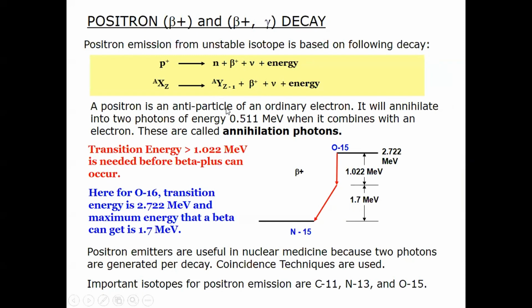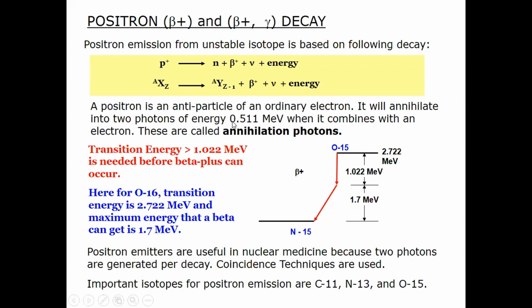The positron is an antiparticle of the ordinary electron, and it annihilates, or gets destroyed, or gets converted into 2 photons of energy 0.511 million electron volts when it combines with the electron. These are called annihilation photons, and they are also a signature of the positron.